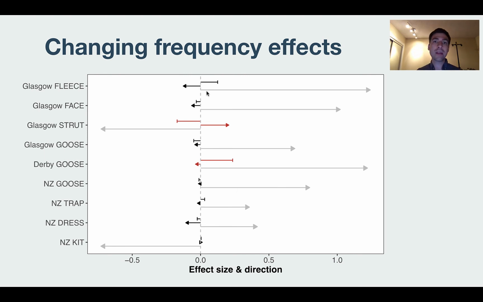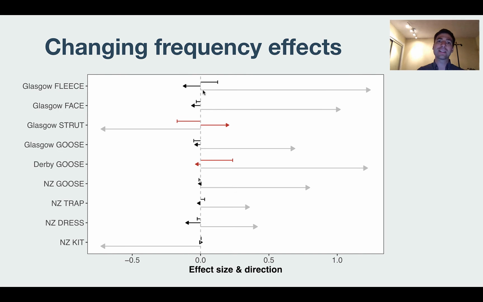So those grey arrows that you can see there, what they are showing you is what's happening to that category overall, independent of frequency. Okay. So in this case, for instance, this grey arrow is telling you that fleece has been moving in a positive direction with respect to F2, so probably undergoing some kind of fronting. Whereas strut has been moving in a negative direction, maybe undergoing backing or rounding.